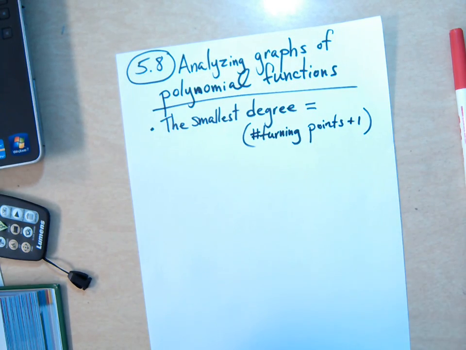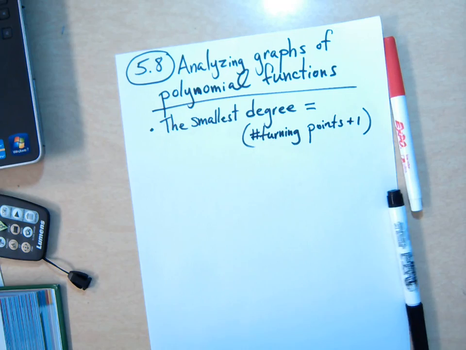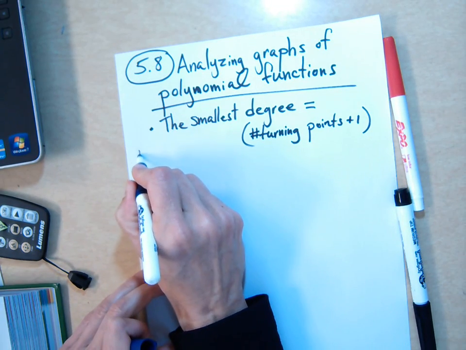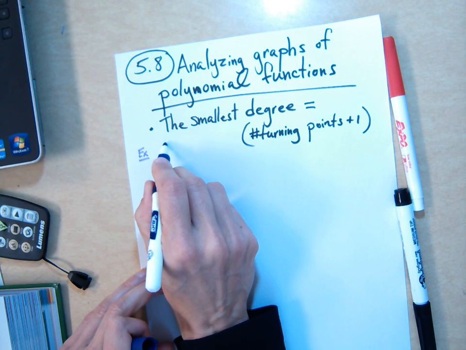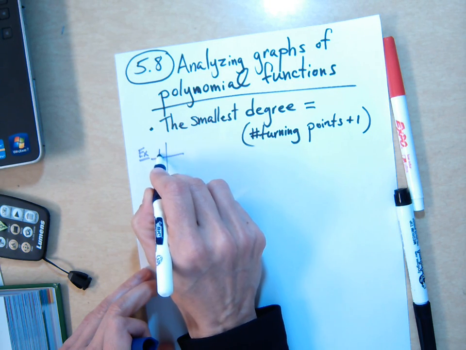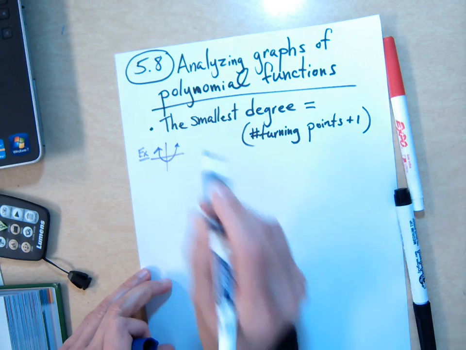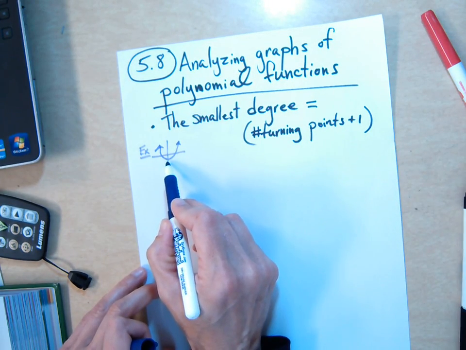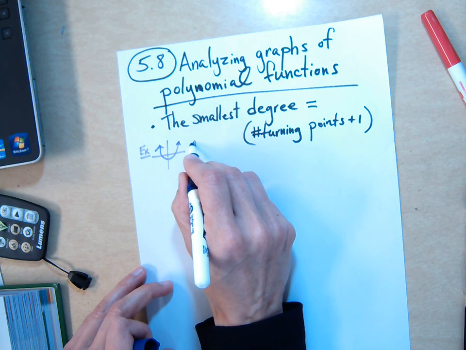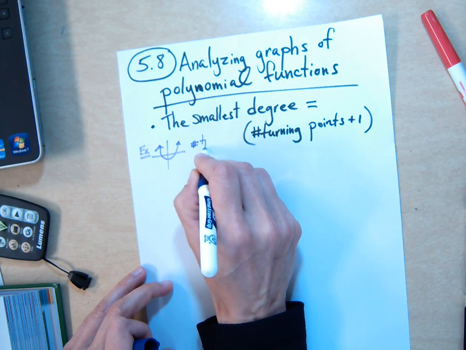A couple of examples would be, if I'm looking at this graph and I want to know what the smallest degree possible is, let's just sketch a basic parabola. There's only one turning point in this. So I'll write number of turning points equals 1.